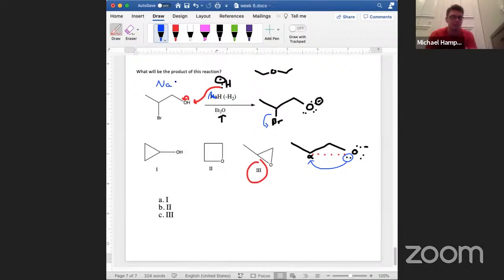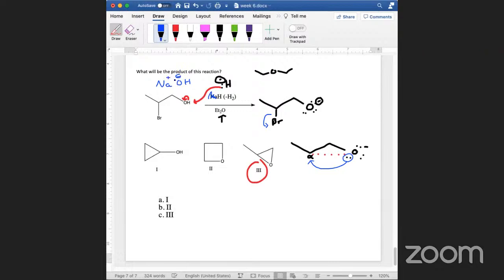It's no different than if it was NaOH, right? Because that Na would dissociate and you would get this. The OH takes the hydrogen, becomes water. This is becoming whatever H2 is.